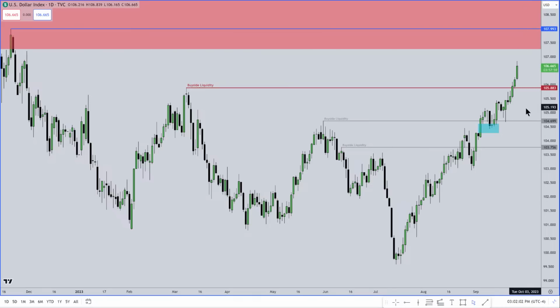So it's not expected to be a straight run to it. It's going to be probably a back and forth type thing to eventually reach up there. And I covered more or less what would change my mind about this market being bullish and all the other markets being bearish. So I won't revisit all that here.